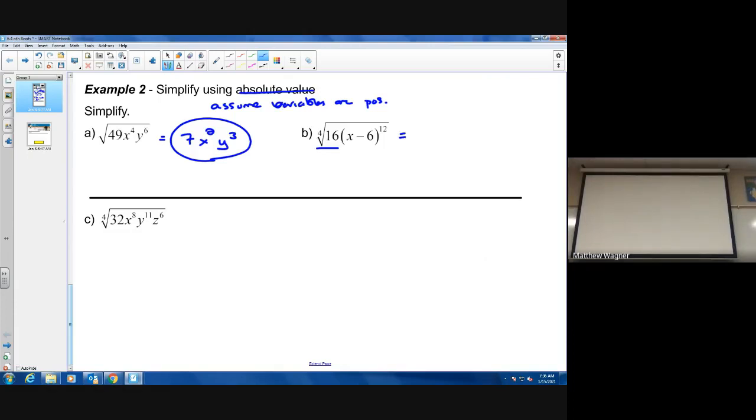What times what times what times what is 16? You guessed it, 2. And then we have x minus 6 to the what power? 12 divided by 4 is 3. Again, you don't need to expand this. We're just focused on using those rules of exponents to simplify from here on out.